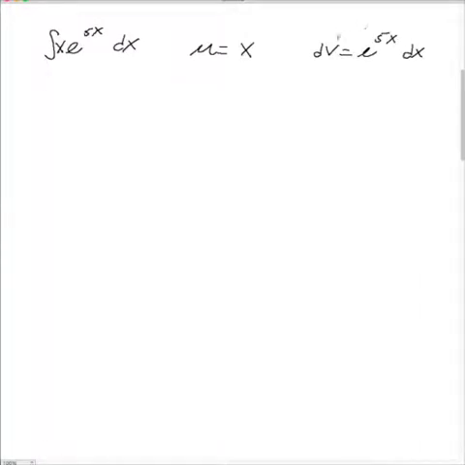So technically this is a u substitution, so I'm going to do it as a u substitution just for the practice. If I'm looking for du, very easy to find, that's just 1 dx, so that's simple. But to do this as a u substitution, you let u be equal to 5x, which means du is going to be equal to 5 dx.